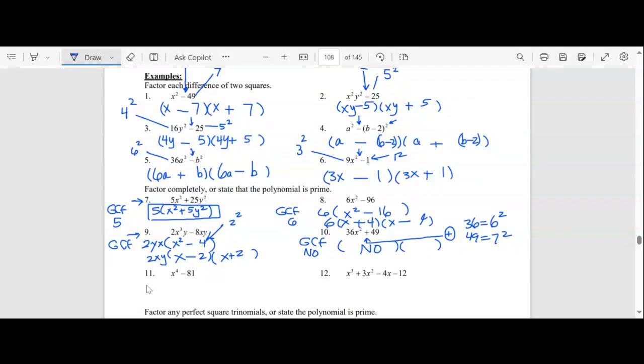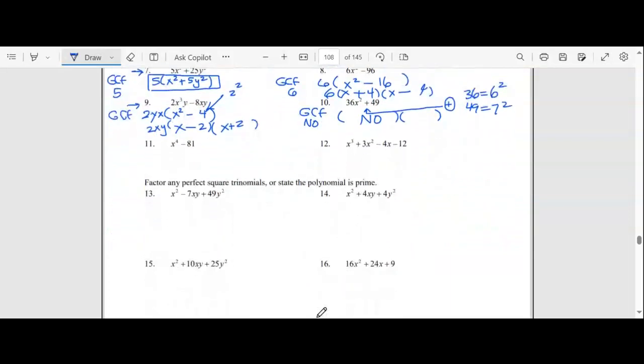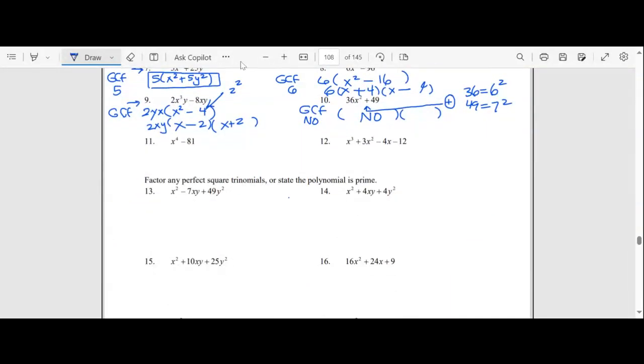Number 11. x to the power of 4 minus 8. Okay. So x to the power of 4, this is x squared, all squared, right?